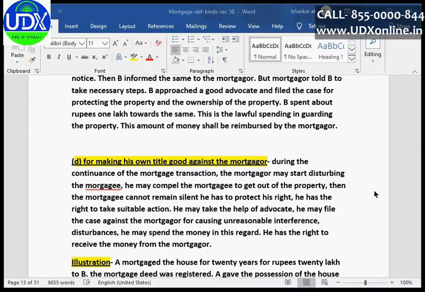So the Specific Relief Act, a wonderful law. And there, when there are unwanted disturbances from the owner of that property, the mortgager, there are so many remedies available under the Specific Relief Act. One such remedy, I think you know. Injunctions.